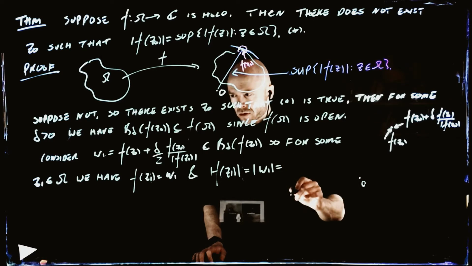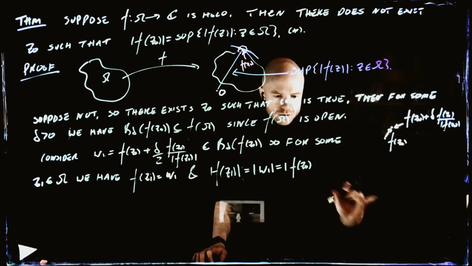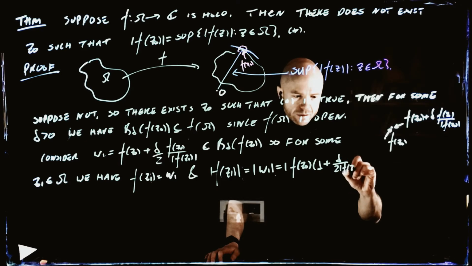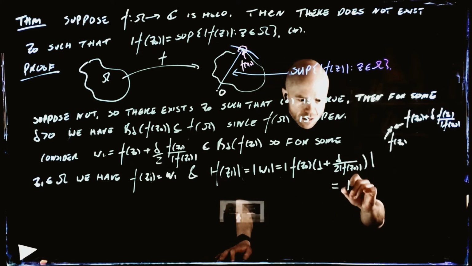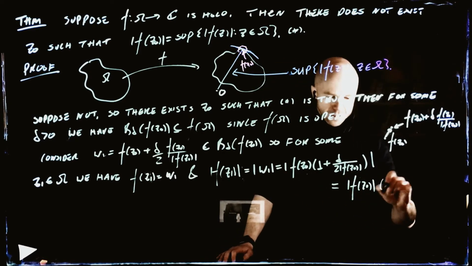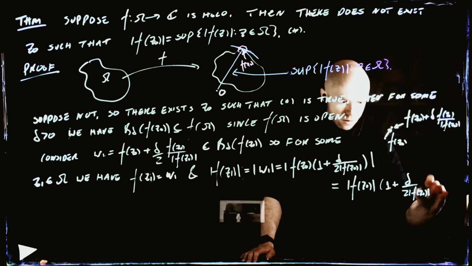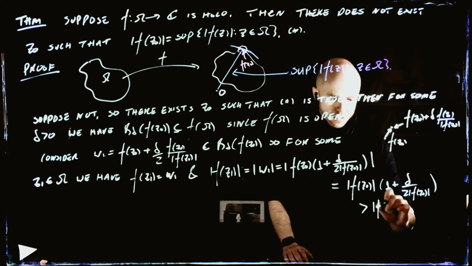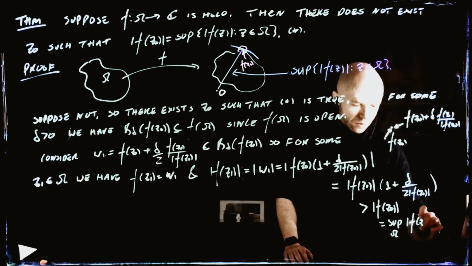That is equal to the absolute value of 1 plus delta over 2 times f of z0, like this, and then this is the absolute value of f of z0 times this quantity, and that is strictly bigger than this thing, which is meant to be the supremum over omega of the absolute value of f of z.